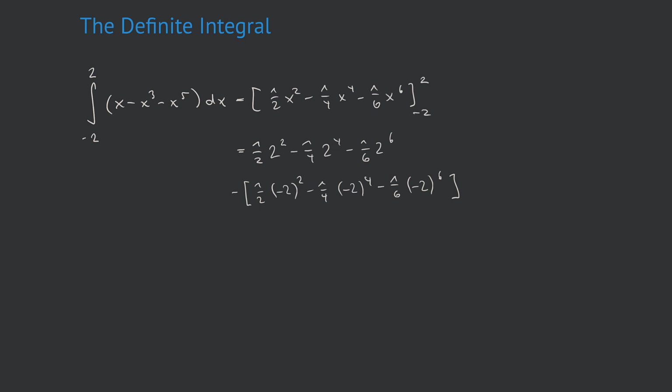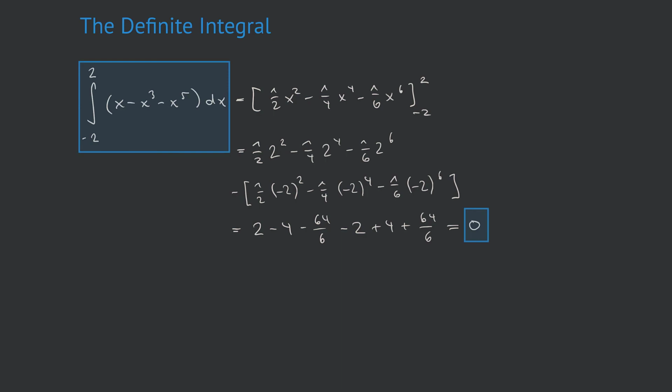If we do the math, we get 2 minus 4 minus 64 over 6 minus 2 plus 4 plus 64 over 6. And that results in 0. So according to our calculation, that definite integral is 0.